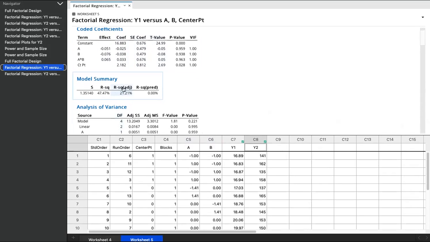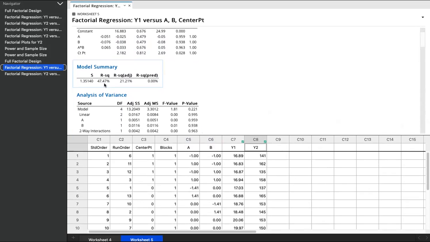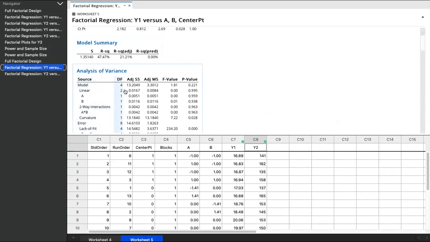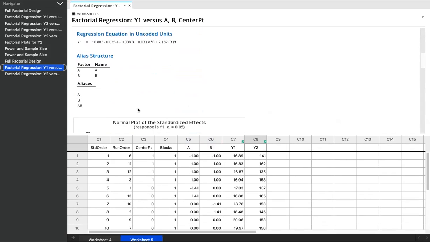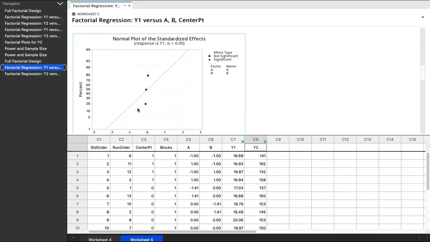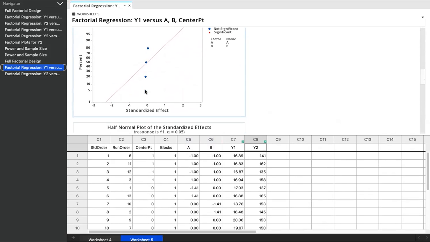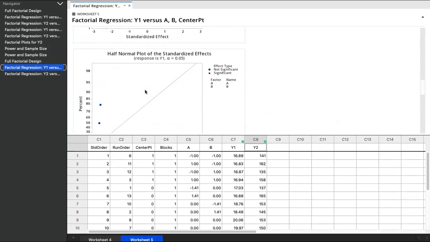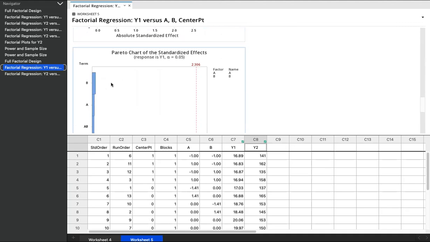We see that we have a value, but they are not very good values. R square is very low. So we are going to see what is going on. We can see that it does not recognize significance.